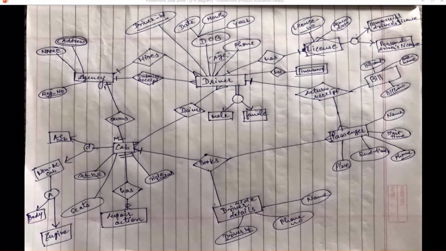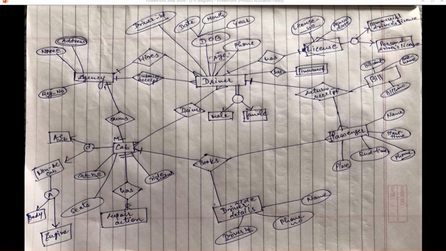See, there are different types of notations for this UML diagram. One is the chain notation. Another one is the crow's foot notation, which is nothing but derived from the chain notation.